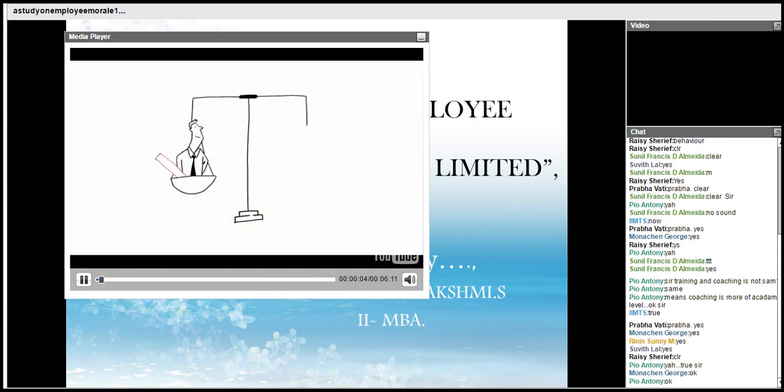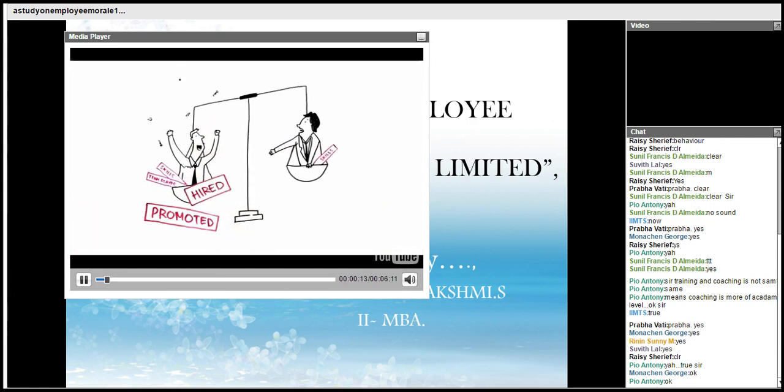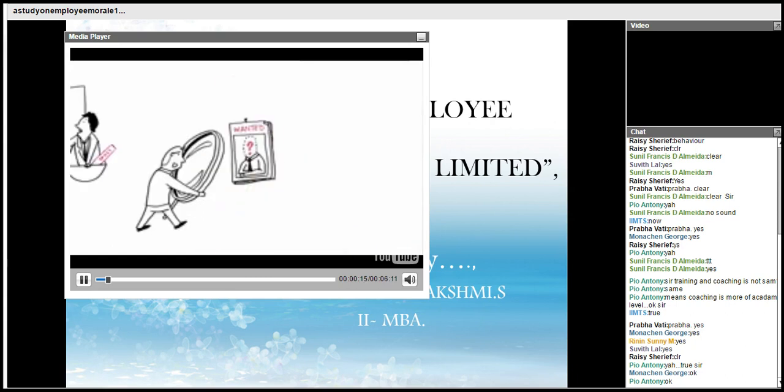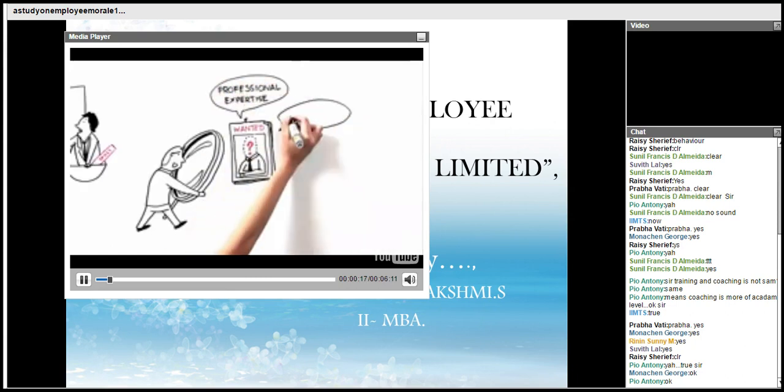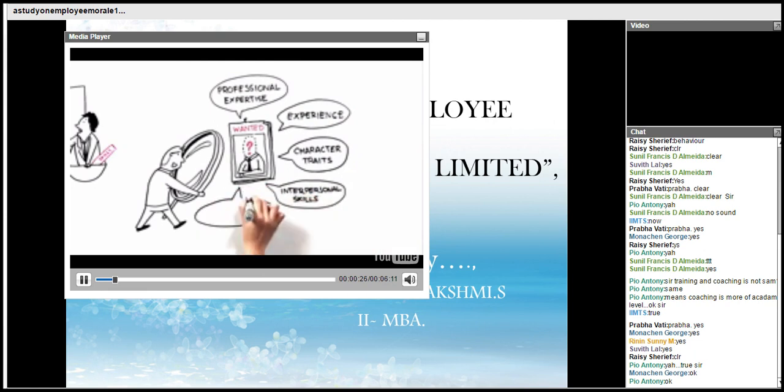Think about this. If two managers are equally good with their skills, but only one is a team player, who will the boss hire or promote? The answer is obvious. Employers do not want only professional expertise and experience in their employees. They're also looking for other qualities: character traits for building rapport with customers and co-workers, and interpersonal and communication skills that will help leaders steer teams effectively.